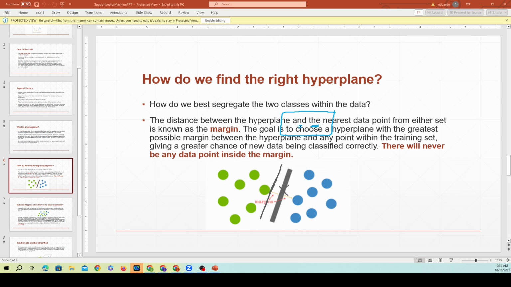But our goal is to be able to have our points as far from that line as possible. So as you can see, the points on the green data are very close to that line.